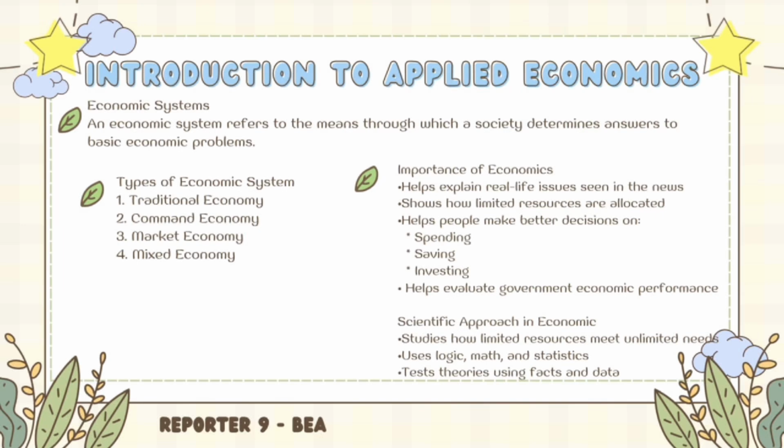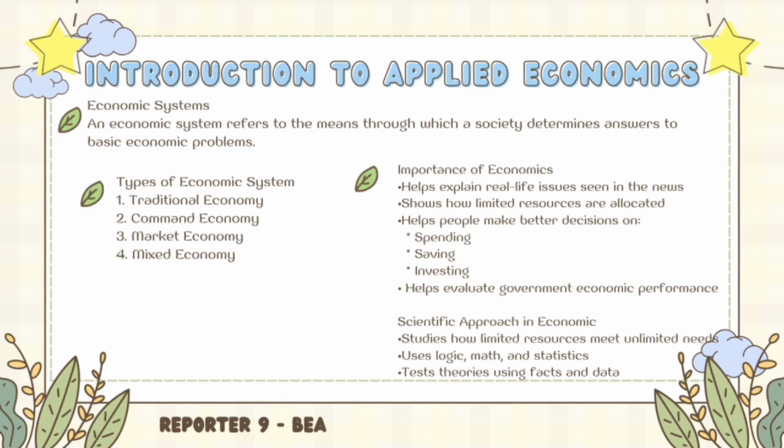Consumers choose what to buy, and the producer chooses what to sell. Prices guide production. If there is high demand for goods or services, the price goes higher. But if demand is low, the price goes lower. In a market economy, there is private ownership of businesses and property.